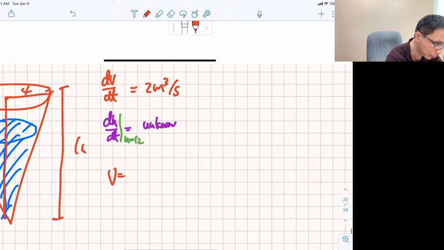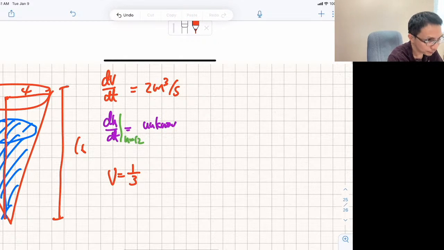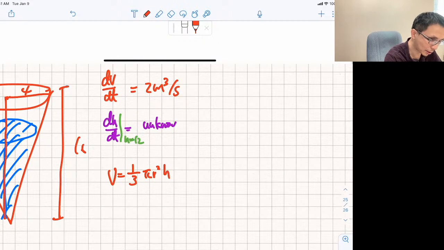One-third of cylinder? Good. One-third of cylinder. What is one-third of cylinder? What is cylinder? Oh, it's pi r squared times h. Pi r squared times h. Good job.